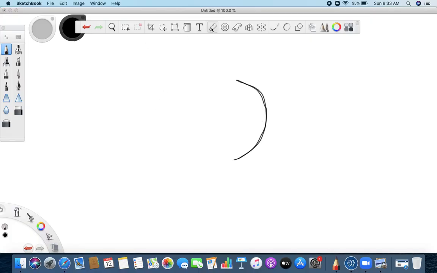Now, we'll draw a principal axis and you have to show this part. This part shows that it is opaque. So, make sure you draw it properly.